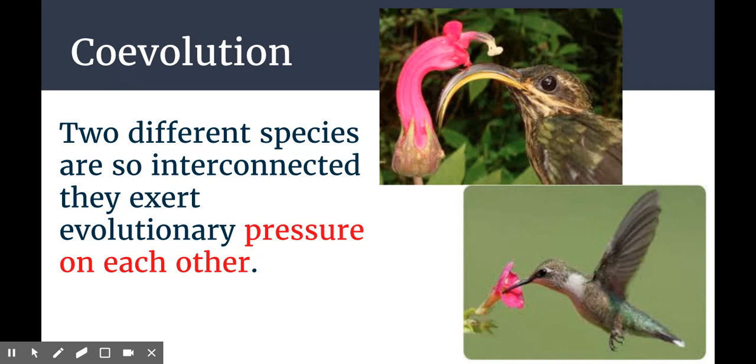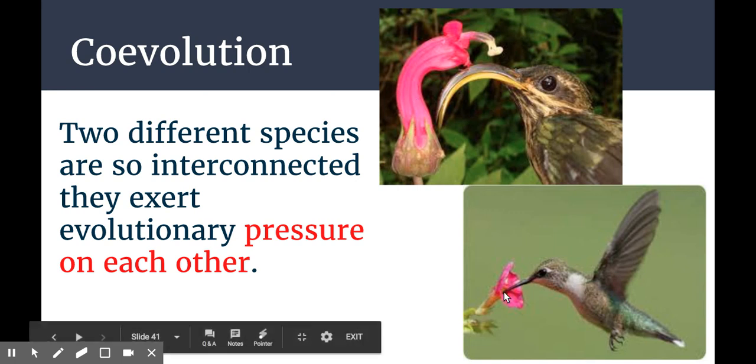So what we find is that these organisms will drive changes in each other, and we can actually pick out what a bird's primary food source will be based on the shape of its beak. So here you have a bird that's perfectly evolved to eat this super curvy flower here, and then hummingbirds with their tiny, dainty little beaks are going to feed on very small flowers.